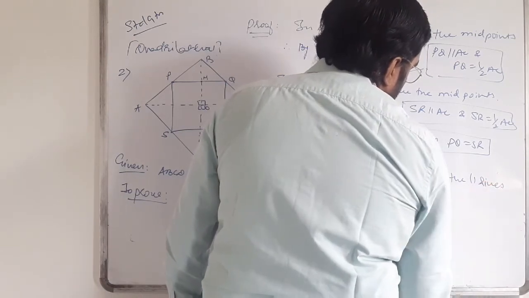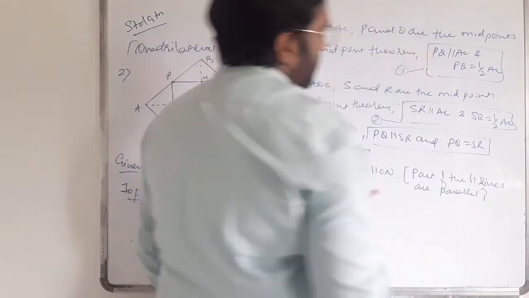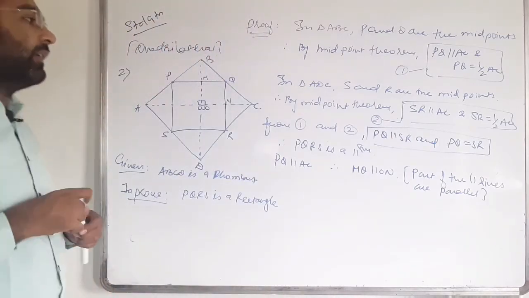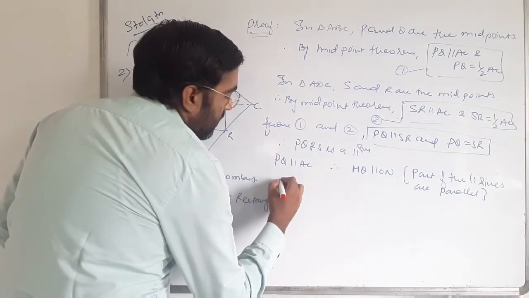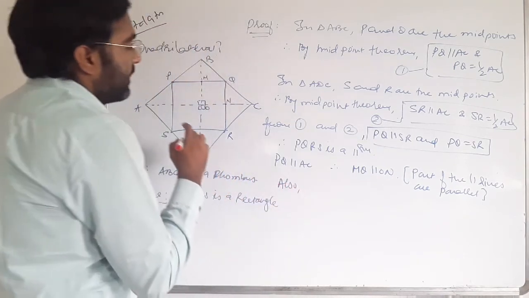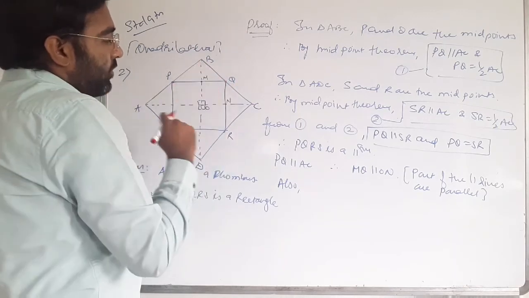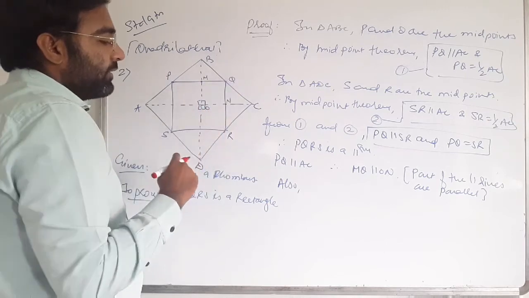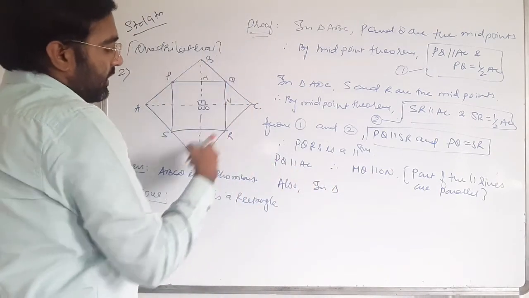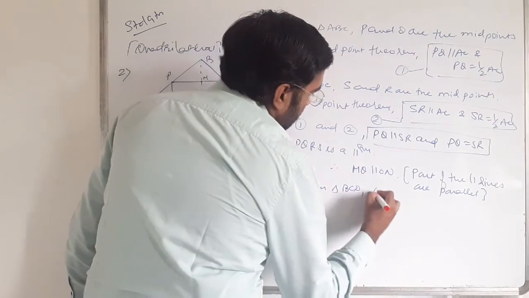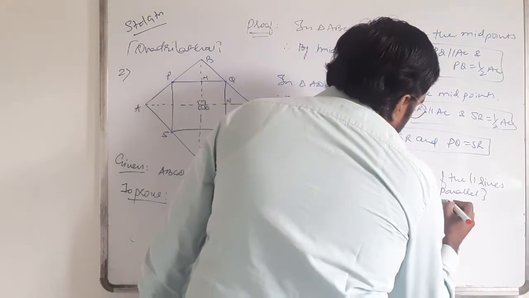Also, QR is parallel to BD because Q and R are the midpoints in triangle BCD.